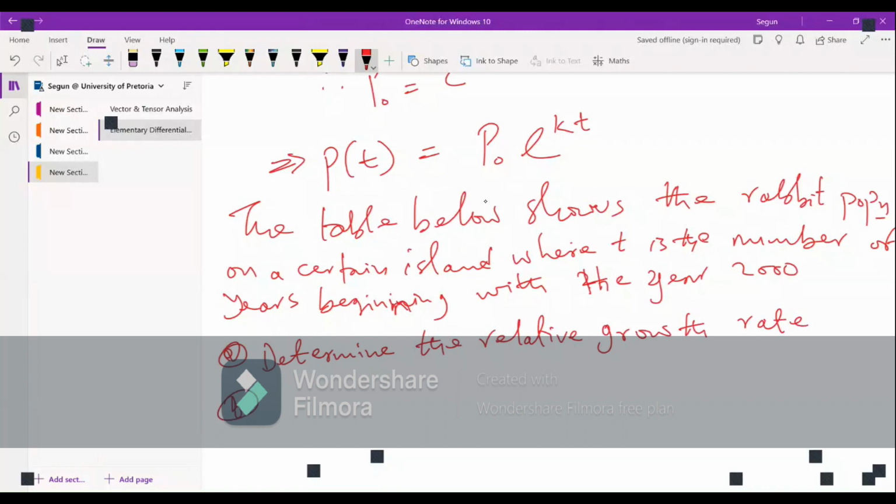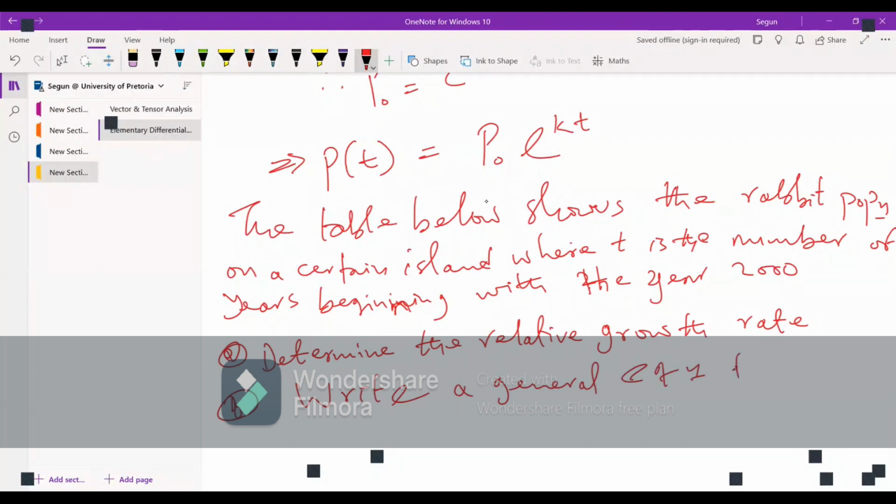B: write a general equation for the population P of t.